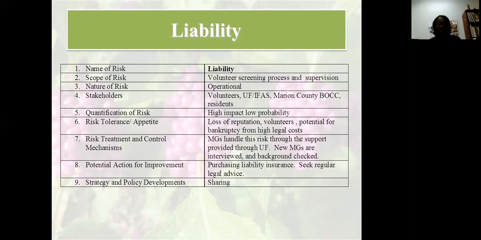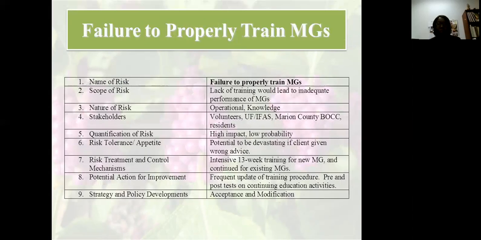So purchasing liability insurance might be necessary for some nonprofits, but for us, through our Master Gardener program, the university and the county covers us with liability insurance and providing legal advice. So in that case, we're sharing this risk with the university and the county.